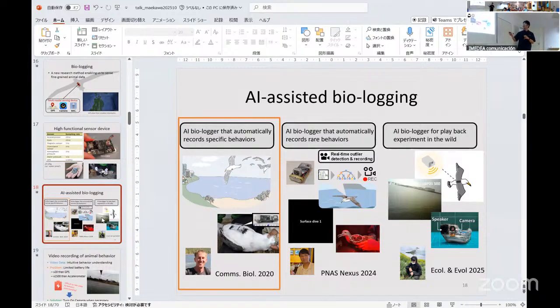This is one way to use these devices. If we can find an interesting behavior, we focus on that by using a supervised method. That's all. Thank you very much.